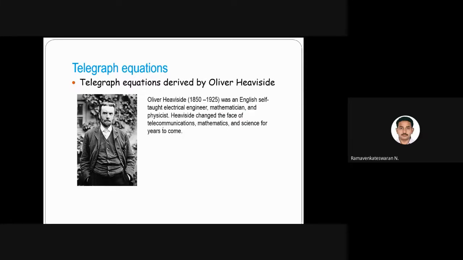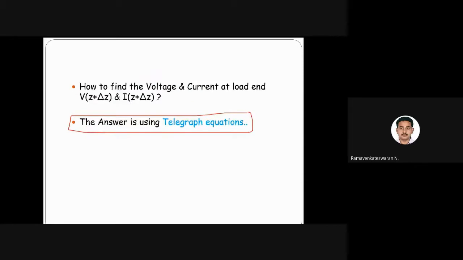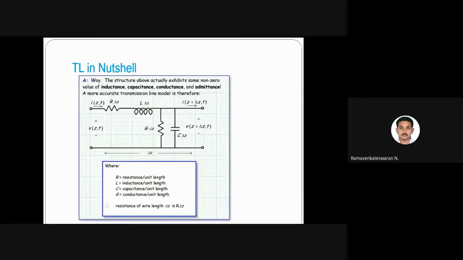He changed the face of mathematics and science for years to come. This is a major contribution from Oliver Heaviside. He started with the lumped elements and derived the relation between output voltage and current to the input.